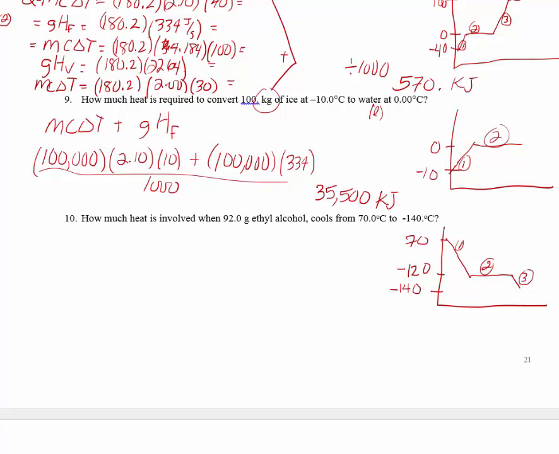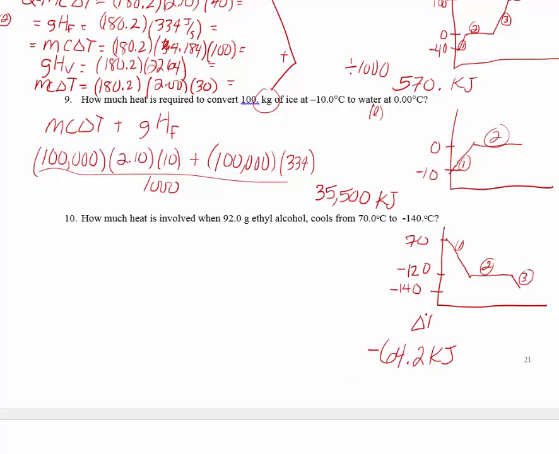But I can never have something positive and something negative when I'm doing these. It's either all heating up, endothermic, or all cooling down, exothermic. So when you get this answer, you should get negative 64.2 kilojoules.